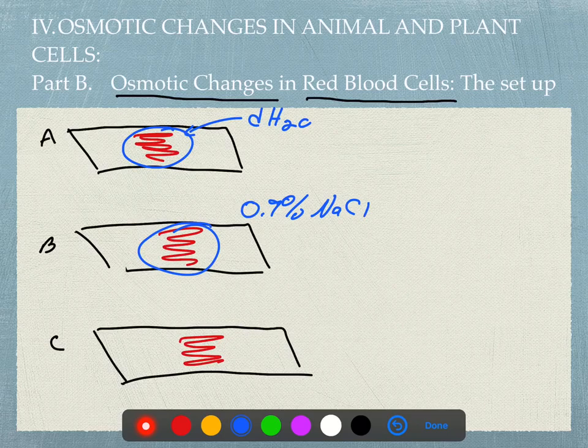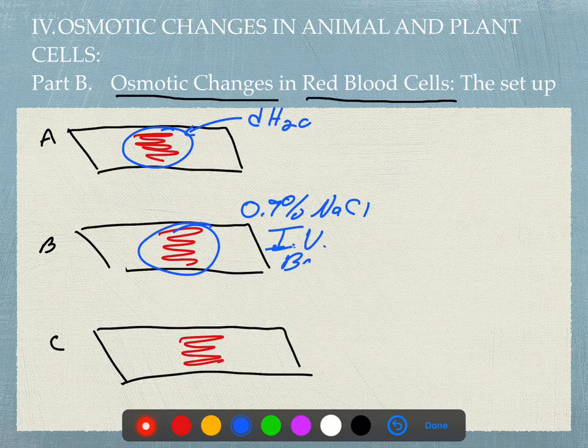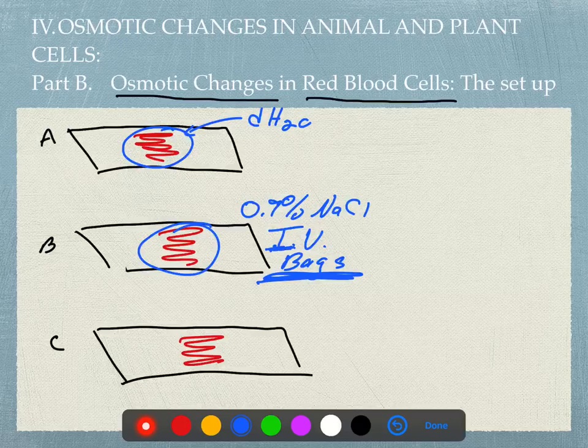Does anybody here work in the medical field? You should recognize 0.9% sodium chloride. This is basically what you find the concentration of salts to be in IV bags. All right, think about why that's important, right? IV bags have a fluid that you are delivering straight into the bloodstream of a patient.